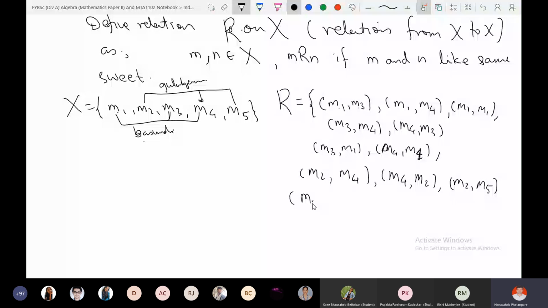Then (M4, M5) and (M5, M4). Right. So is there anything missed out?